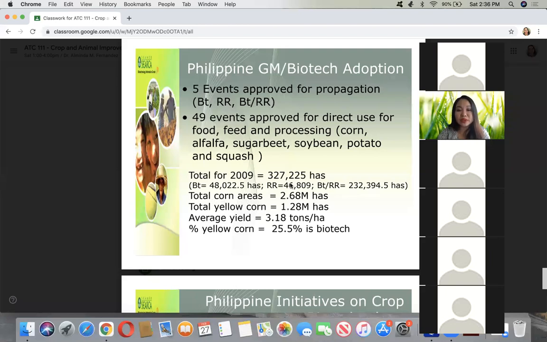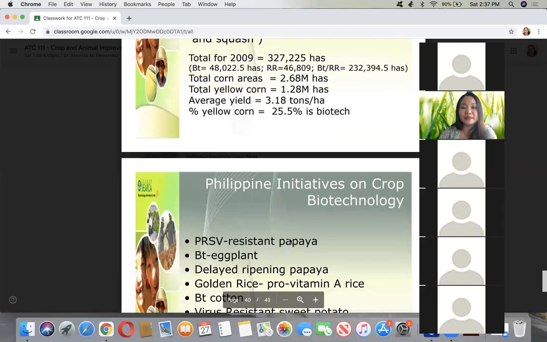So as of 2009, now we are in 2020, so this has increased extensively. So 300,000 hectares already at the highest, BT and RR both. So yield increased by 3.18 tons per hectare, which is 25% biotech.